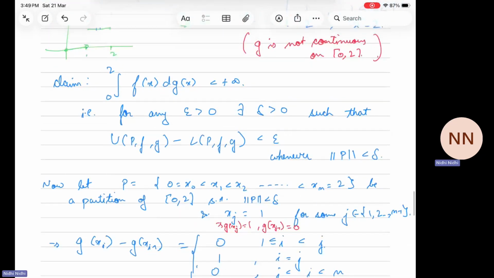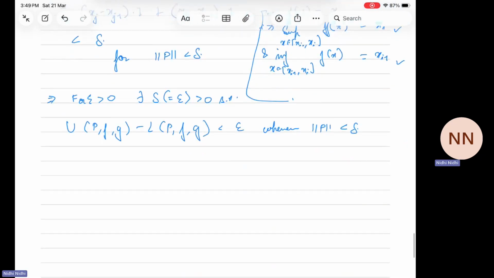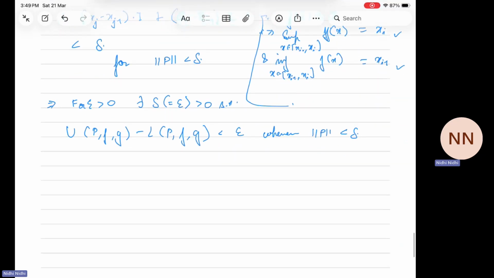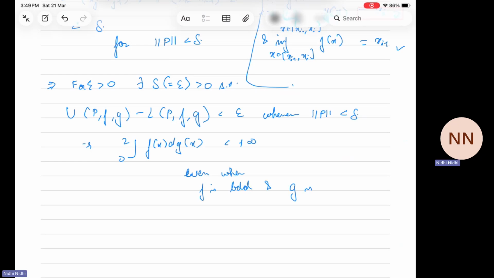Now that tells us that this F is actually RS integrable. That means the integral from 0 to 2 of Fx dgx is finite even when F is bounded and G is not continuous.